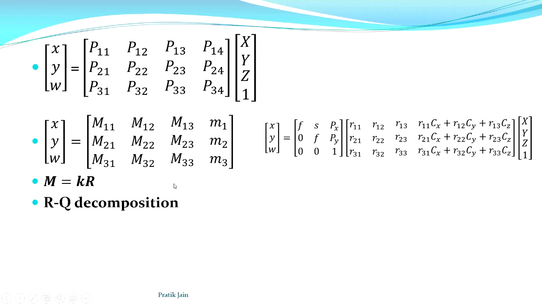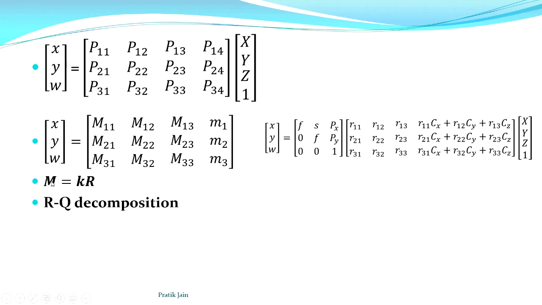It turns out that by a technique called RQ decomposition, we can decompose this 3 cross 3 matrix M into a product of a 3 cross 3 upper triangular matrix and a 3 cross 3 rotation matrix.